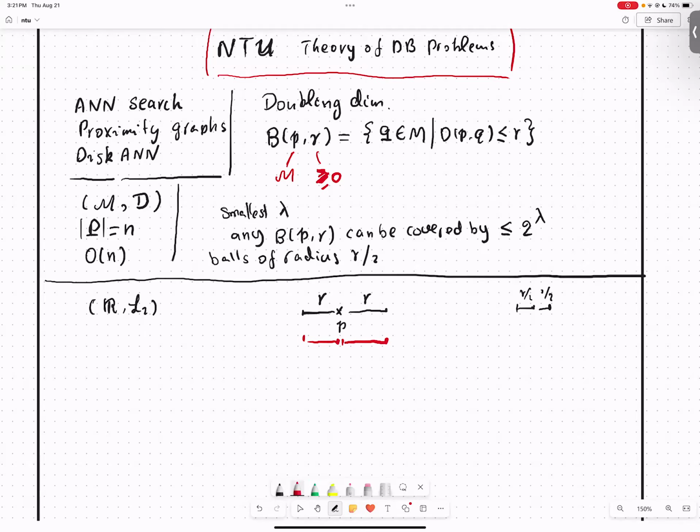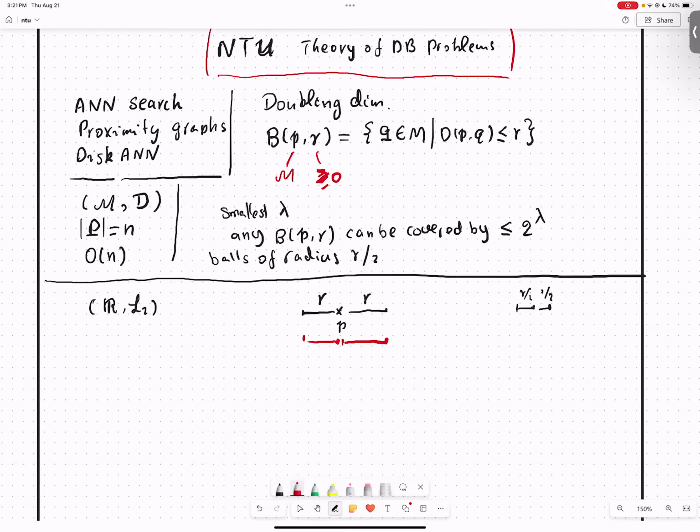Okay. So if you look at the mathematical sentence, I hope this time it gets better, right? You can see I give you any ball of radius r. So this is just an interval of length 2r. And I ask the question, can you always cover this interval using 2 balls of radius r by 2?